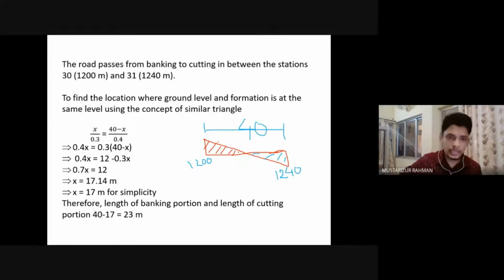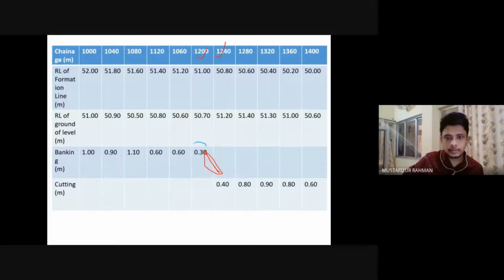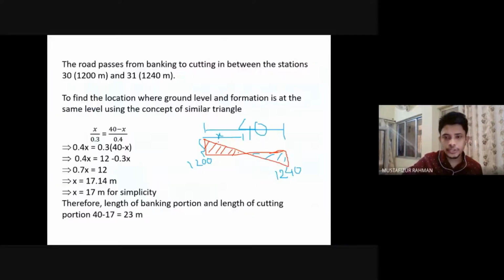So this distance is 40 meter, right? We are using the concept of similar triangles. We are saying that this is x. So x by 0.3, this height is 0.3, we have to do 0.3 of banking.